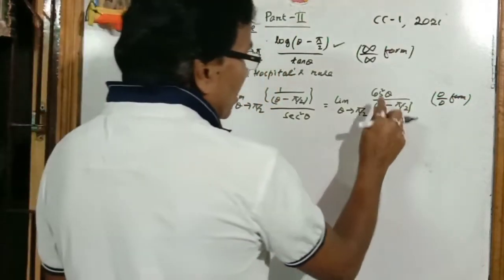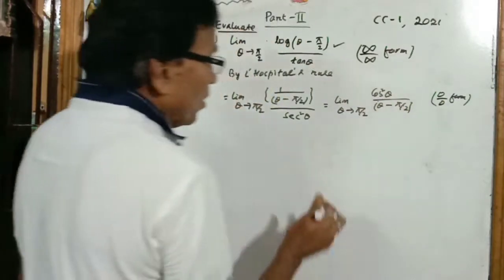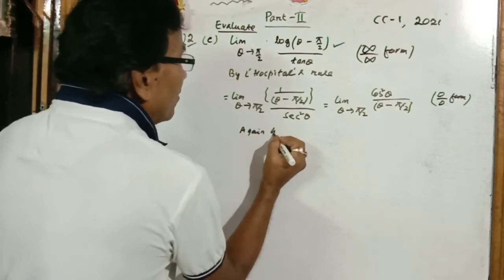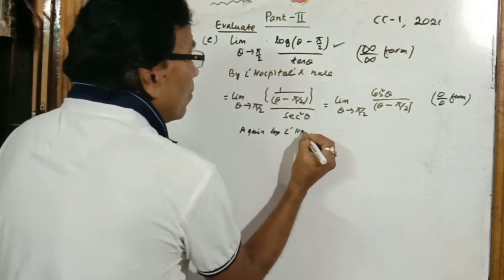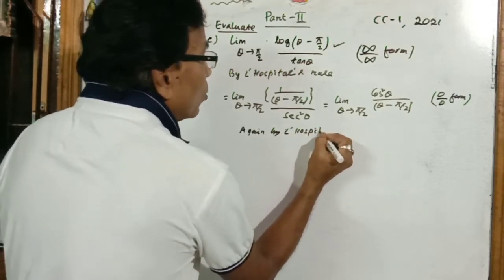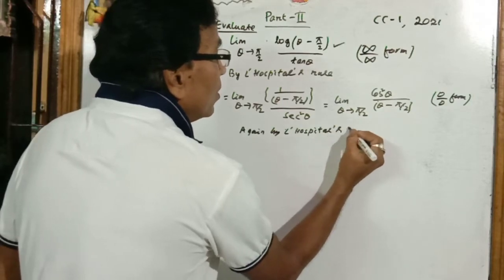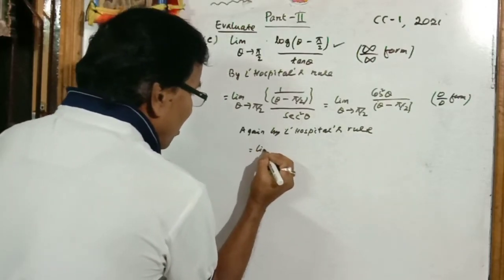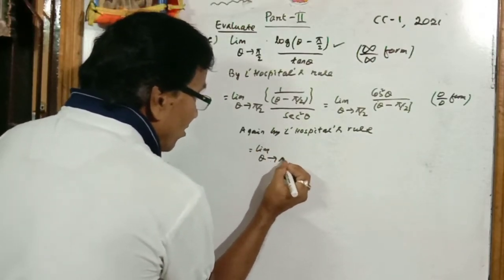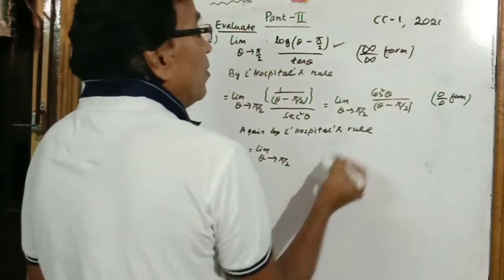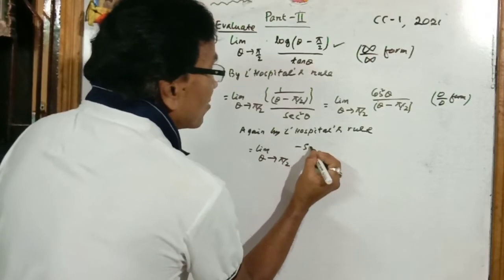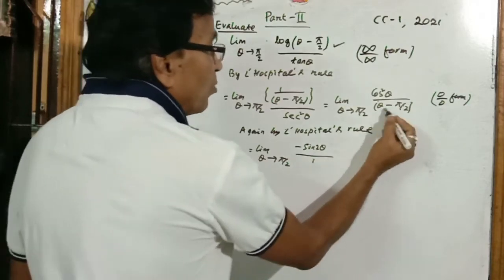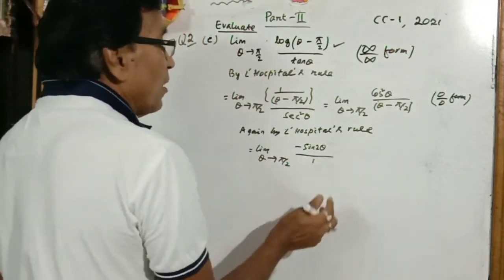Now since this limit is again of 0 by 0 form, by applying L'Hospital's rule again, we get the limit as theta tends to pi by 2 of the derivative of cos square theta, that is minus sine 2 theta, whole divided by the derivative of theta minus pi by 2 with respect to theta, that is 1.